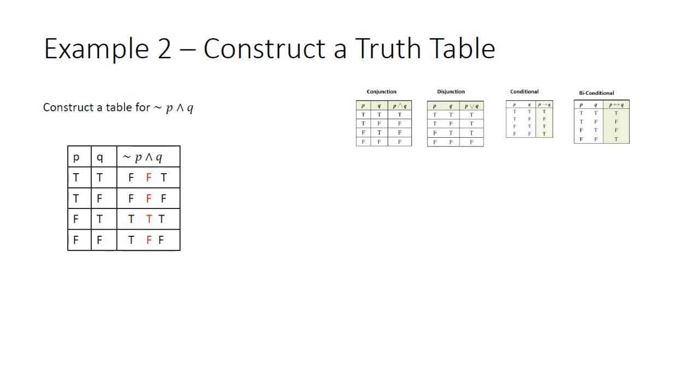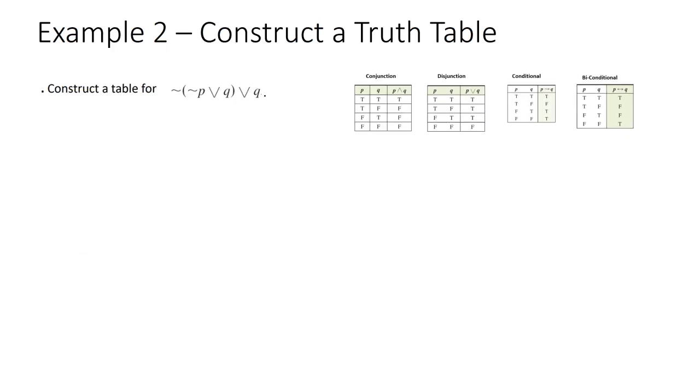And it's basically telling you that if I were to read it, I would say when P and Q are true, then the whole compound statement is false. If P is true and Q is false, then the whole compound statement is false, and so on. It determines the values of the compound statement.